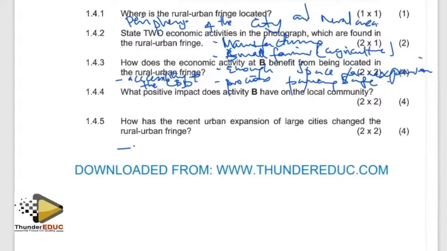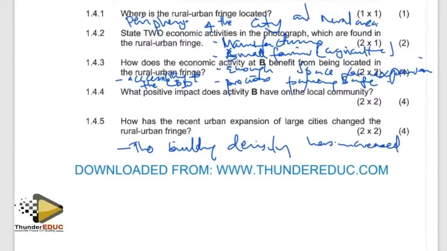Then we'll start there by looking at infrastructure: the building density has increased in the rural urban fringe.